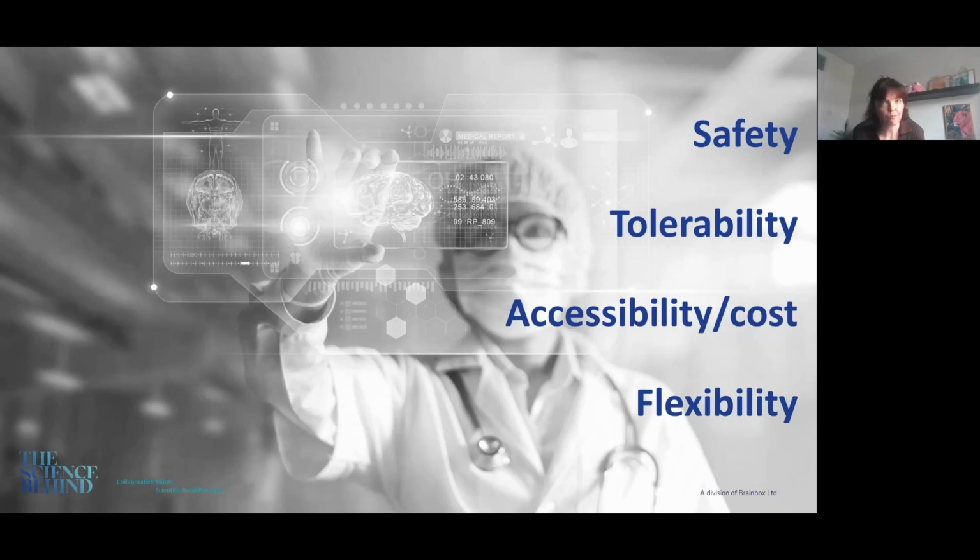On top of that, once you have your safe and tolerable measure, it needs to be accessible. So is there the technology you need to record that measure of brain activity or brain changes? Is that physically in the setting where you want to do the clinical trial, or can you access a setting where that technology is available?